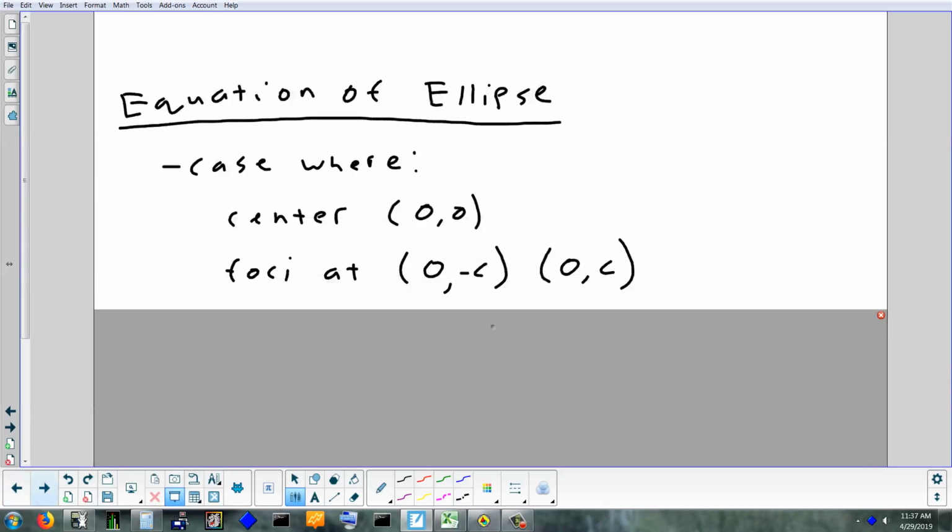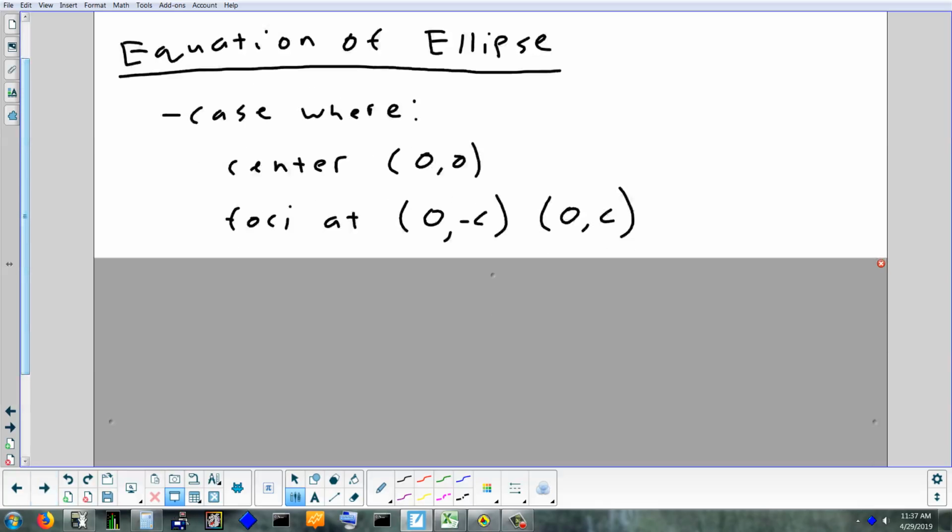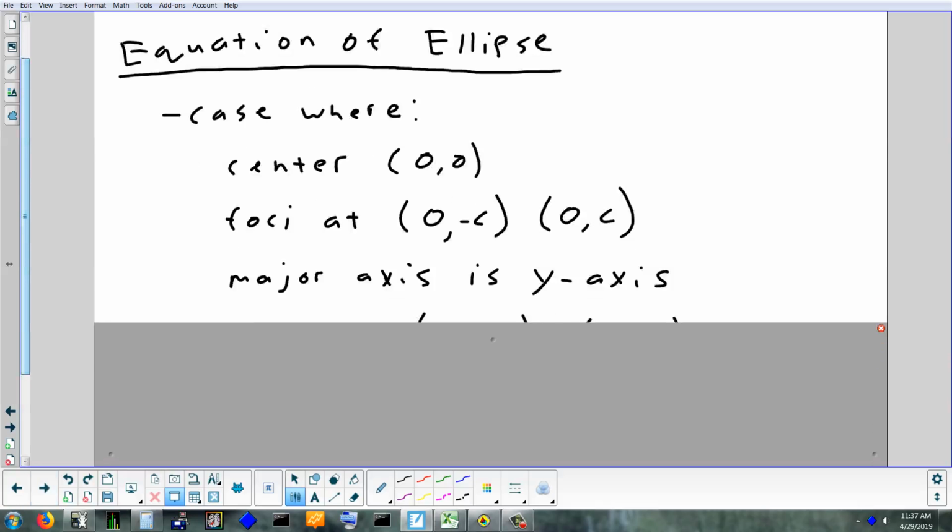But now the foci are c units below and c units above. Notice this time it's the y value that's changing, not the x. C still has the same meaning. It's still the distance from the center to the foci. It's just up and down now. So the major axis goes up and down. Major axis is the y-axis.